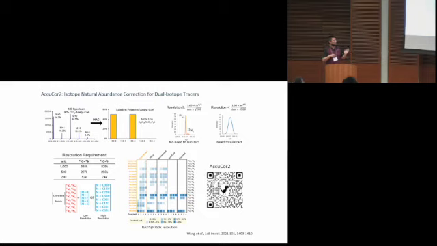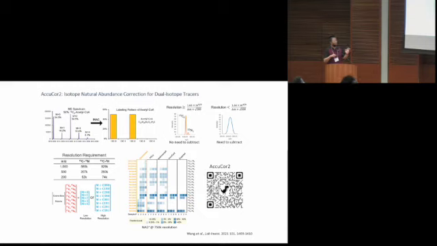When we developed this software, we realized that unlike the single isotope tracer problem, where you can always get an answer from your data, when you use two isotopes at the same time, you may not always get the answer, because this kind of problem depends on the resolution of your machine.